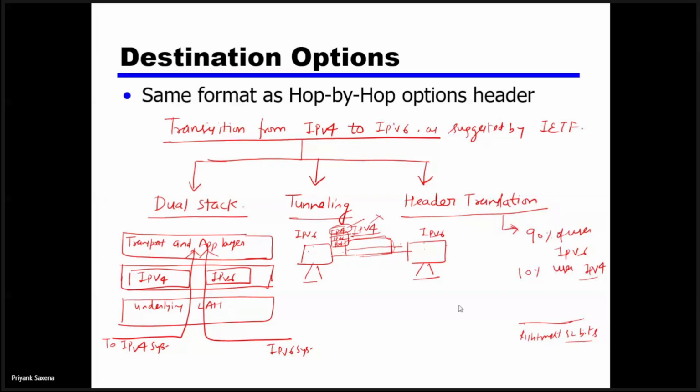Header translation will be done if 90% of your users are IPv6 and 10% are IPv4. In that case, you need to perform the header translation. It can be done easily, but it requires that your routers be capable of doing it, because a 128-bit address needs to be converted to a 32-bit address.